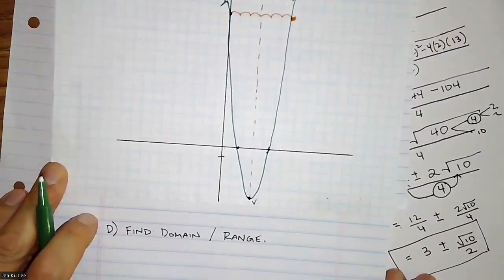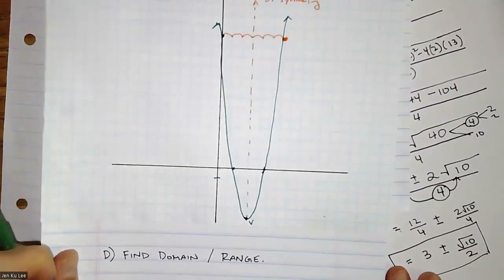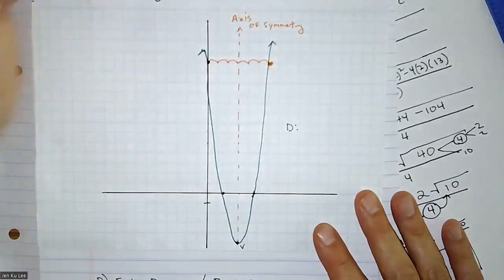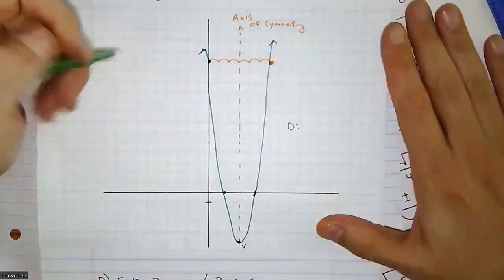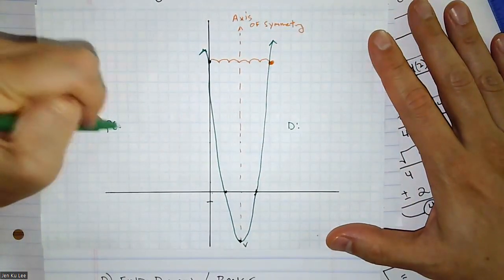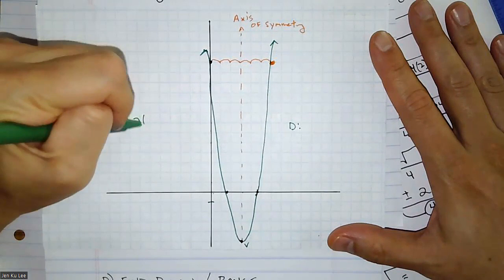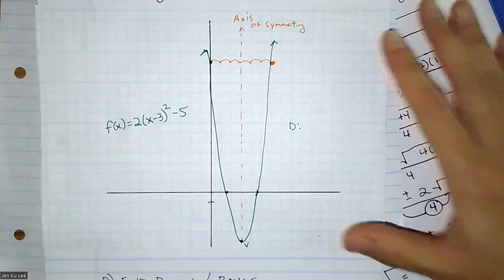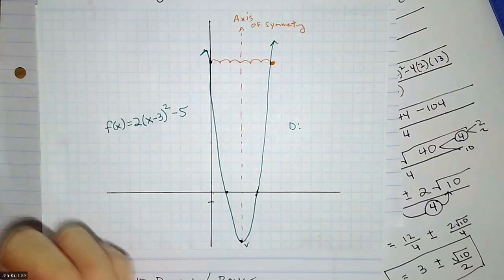Cool. So now we have to find the domain and the range. My domain, let me write it out here. F of x equals 2x minus 3 quantity squared minus 5, right? Are there any restrictions on my domain?